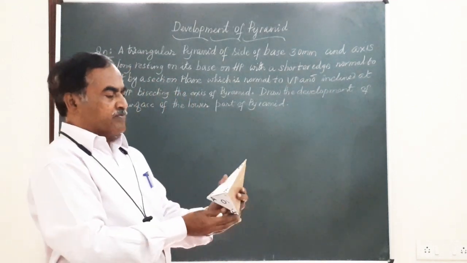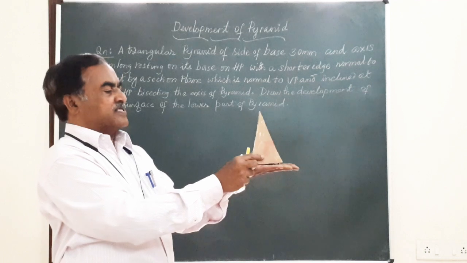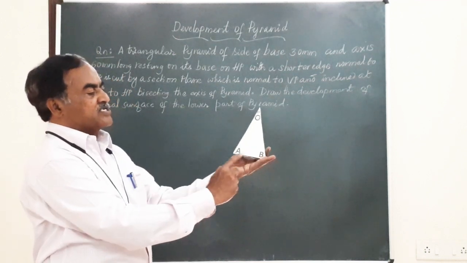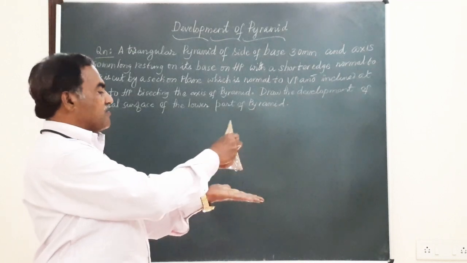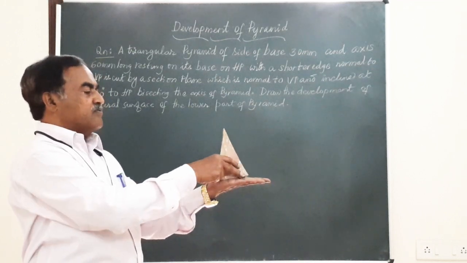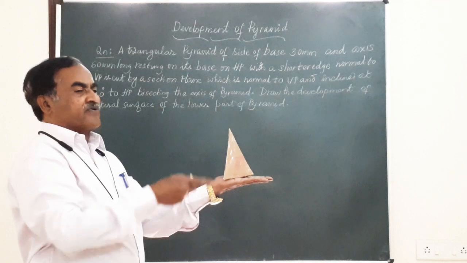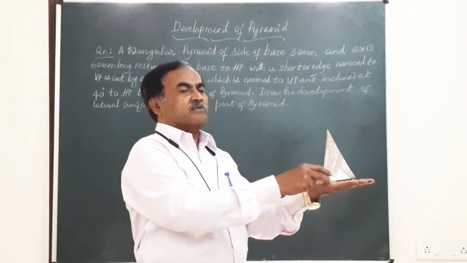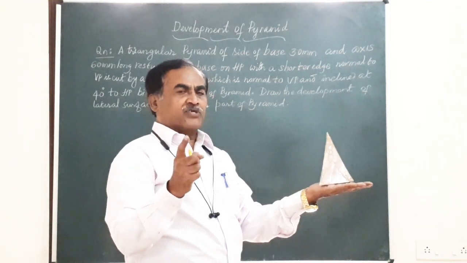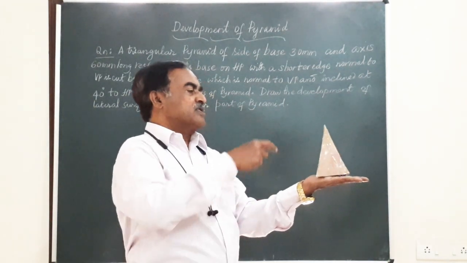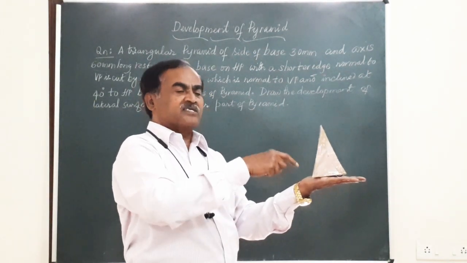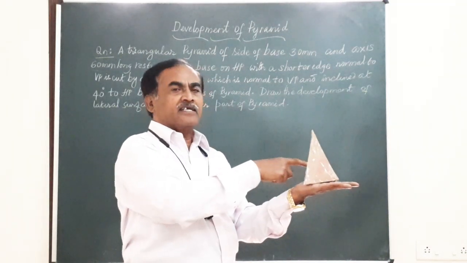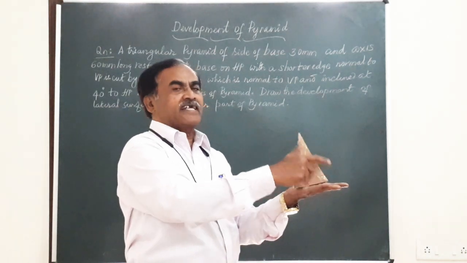So I am going to place the solid on the HP such that one of the base edges AB is normal to VP, and we obtain the top and front views of the pyramid. You know very well, in the projection of solids, I have taught you that whenever you place these solids, you will be able to see the base completely and also all the slant edges.